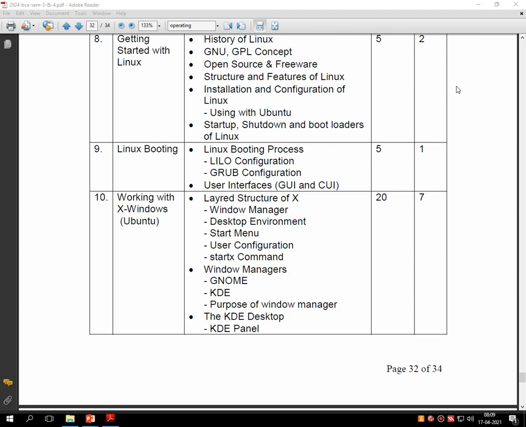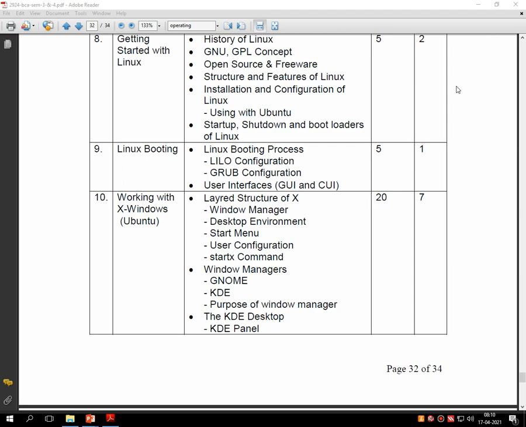Now we are going to start the next unit, unit number 9, called Linux booting. Linux booting mainly contains 2 points: the Linux booting process, which demonstrates LILO, that is last in last out configuration, and GRUB configuration, and the second one is the difference between two user interfaces, that is GUI and CUI.